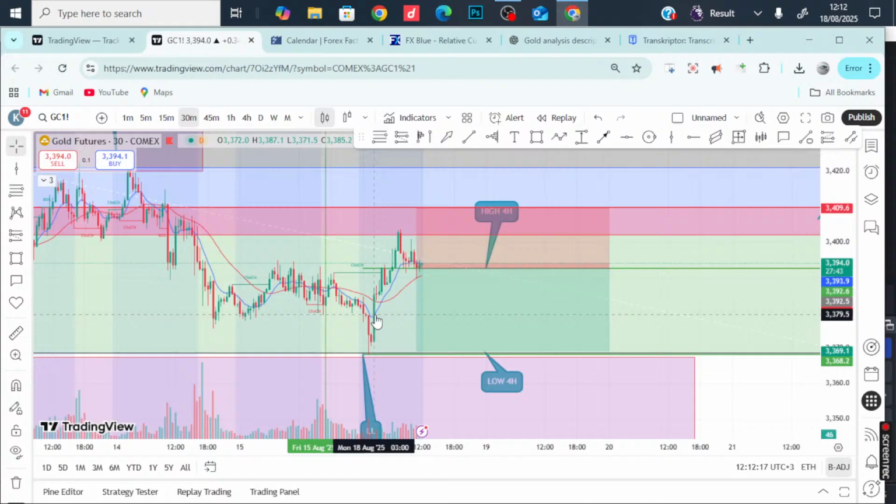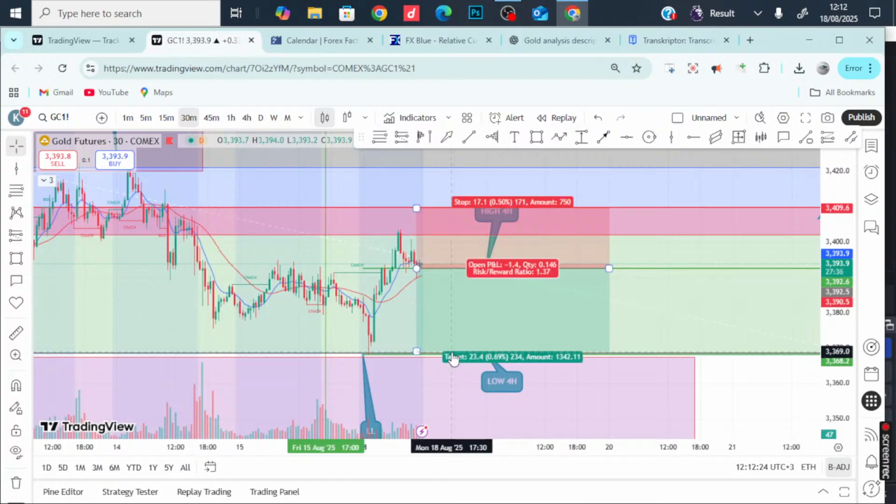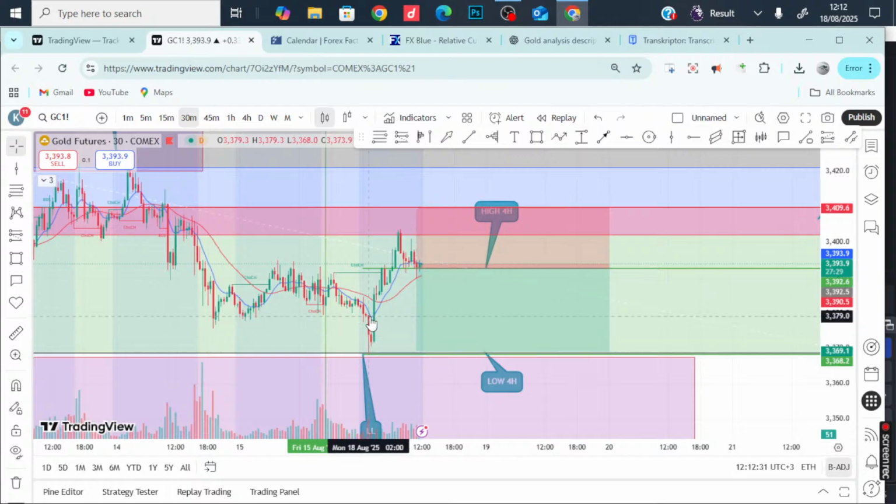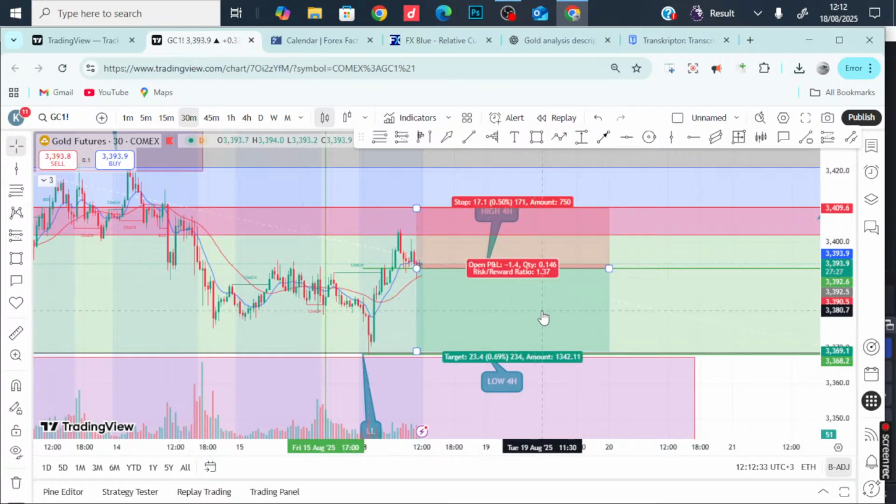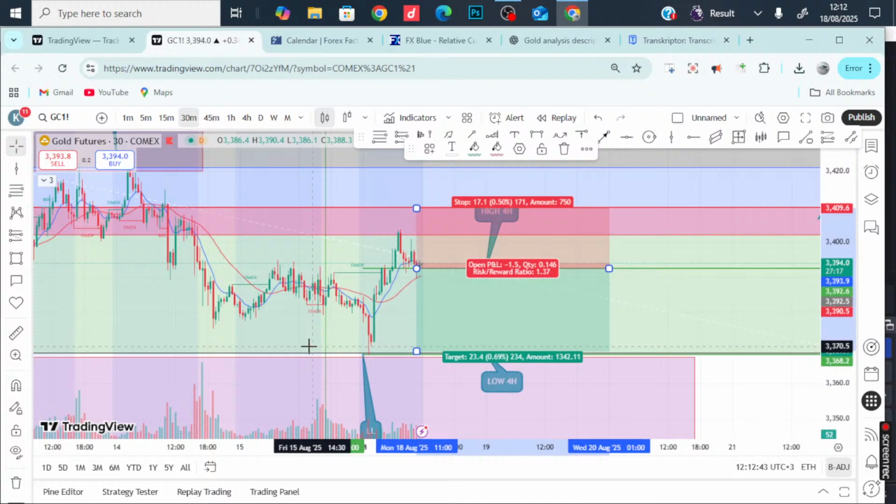That's the state of delivery, because it has already taken out the liquidity from the upside. Now it's moving downwards to also grab those liquidities from the downside. If you were to take your positions, these were the entries for you guys, and I know you'll be okay in your analysis from there.